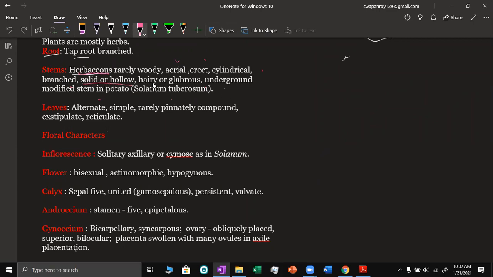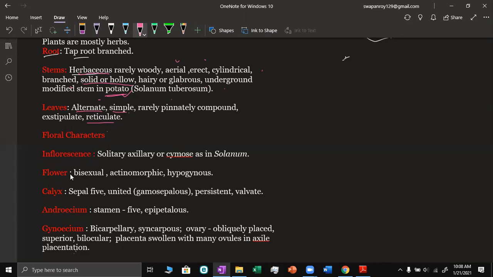Hairy or glabrous. Glabrous is shining, clean, smooth surface. Then in some of the family, an underground stem is there, like in case of potato there is a modified stem, and leaves are alternate, and they are simple, and venation is reticulate.